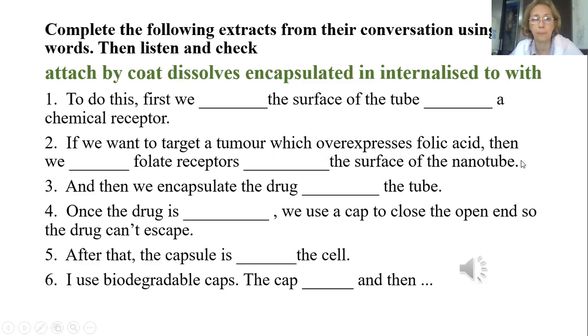6.2. 1. To do this, first we coat the surface of the tube with a chemical receptor. 2. If we want to target a tumor which overexpresses folic acid, then we attach folate receptors to the surface of the nanotube. 3.